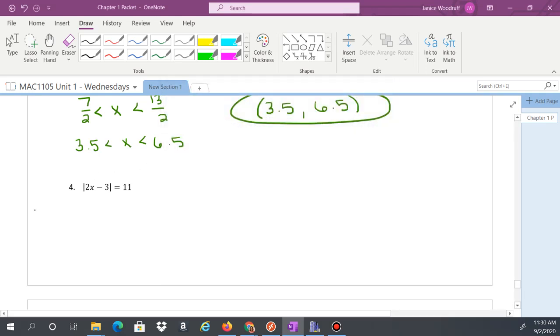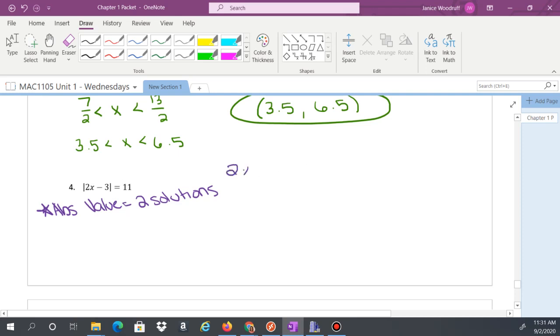So I want you to write down here: absolute value, two solutions. When you're setting up your equation, first isolate the absolute value if you have to. So this is already isolated. Then you're going to set up your two equations.